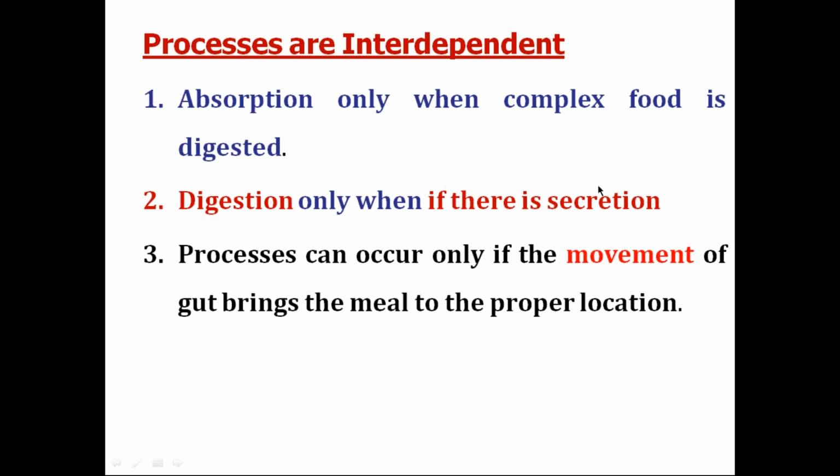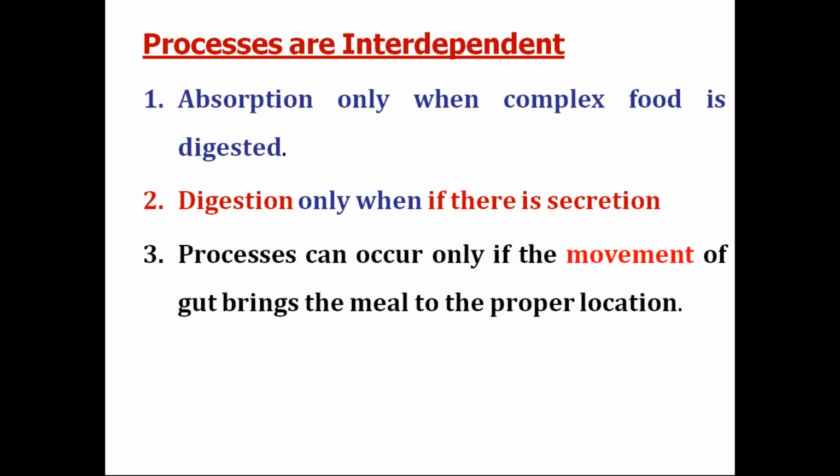Secretion here means secretion of various digestive enzymes which are present in the various digestive juices. So it could be the salivary secretion, the gastric juice secretion, the pancreatic secretion, secretion of bile, or secretion of intestinal juice. Similarly, these processes can occur only if the movement of the gut brings the food to the proper location.